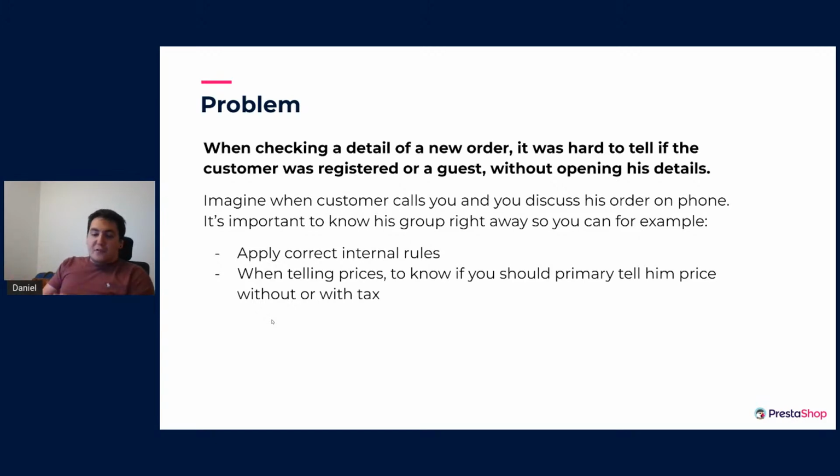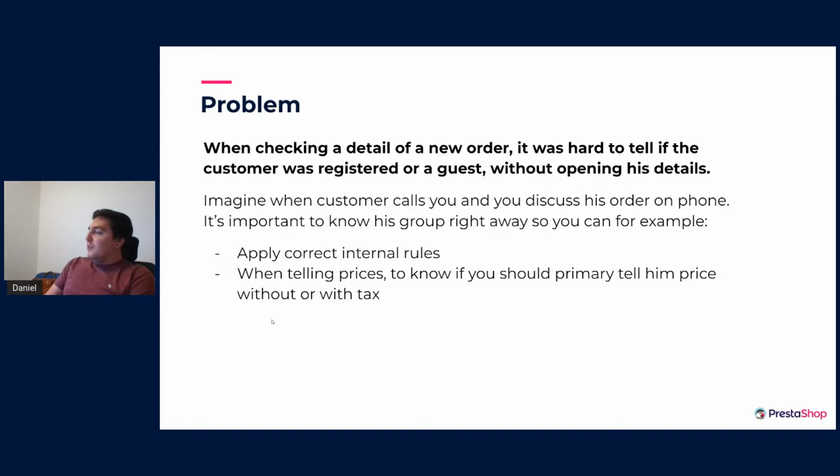For example, it's normal when we speak with a wholesale customer or a company customer that he's interested in prices without tax. So you immediately speak with him a different way because he doesn't care about the price with tax. Or, for example, you have a rule that you allow returns normally within the lawful period of 14 days in my country. But for example, for your VIP customer, you can extend it to, I don't know, half a year or something.